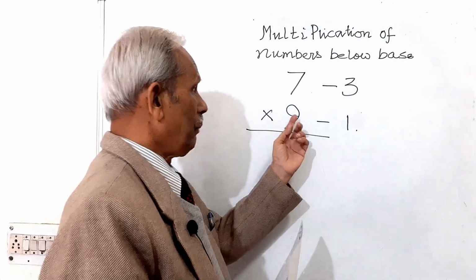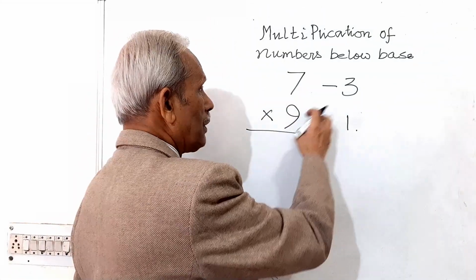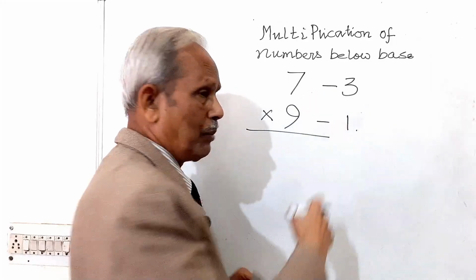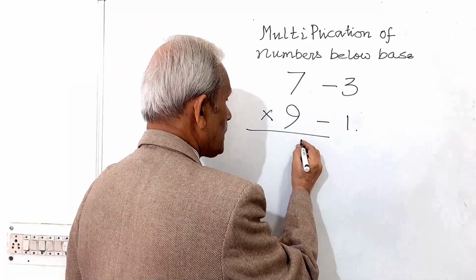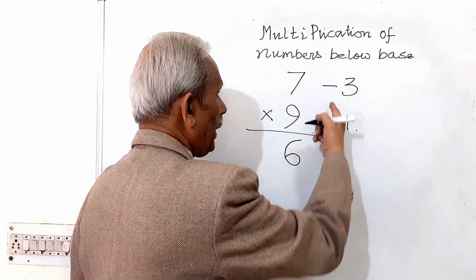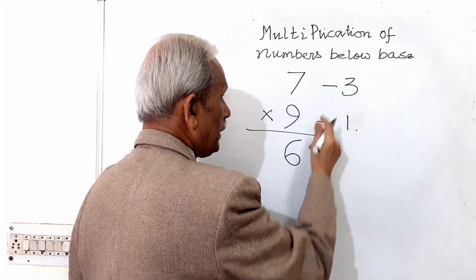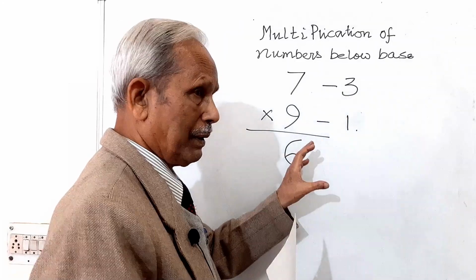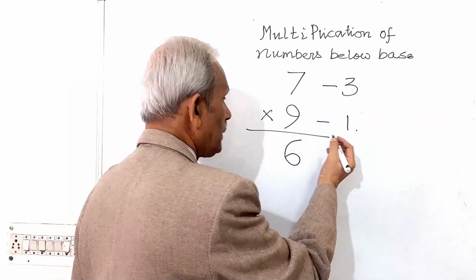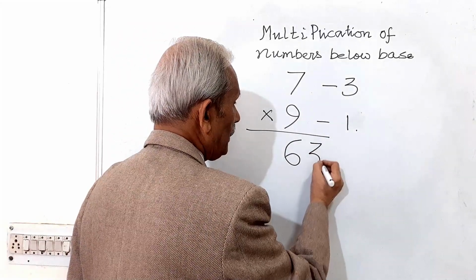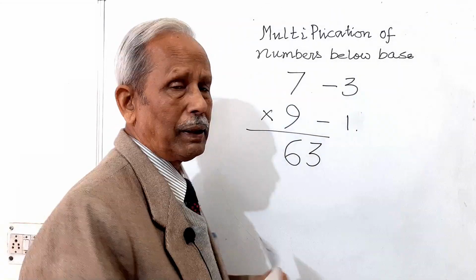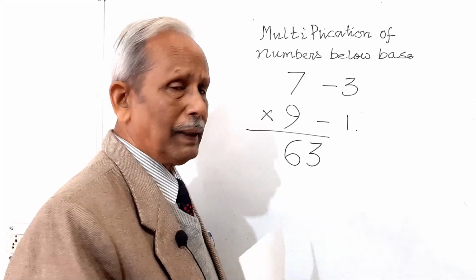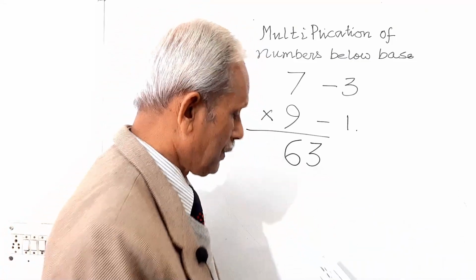Now, make the cross operation, 9 minus 3 is 6 or 7 minus 1 is 6. All the same, so it's 6 here and minus 3 into minus 1 is 3. Just remember the sign also. But later on we'll find this is relevant. Minus 3 into minus 1 is 3. So write down 3, 63. It's quite easy because there is one digit only.